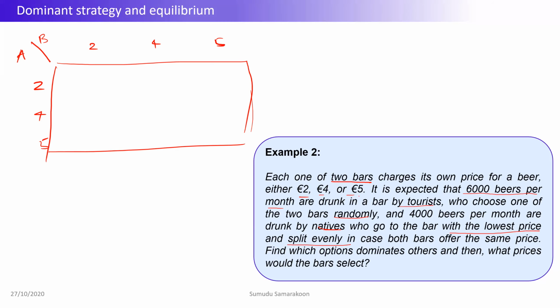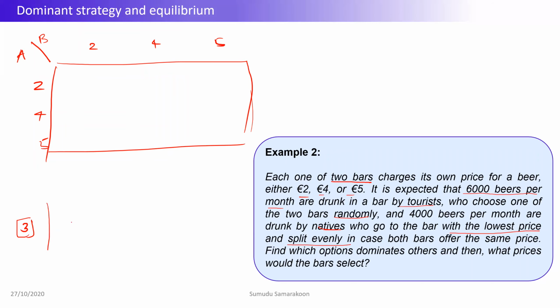So we know roughly half of the tourists are going to visit each bar. So basically 3 units are allocated to each of them. This is the constant part.